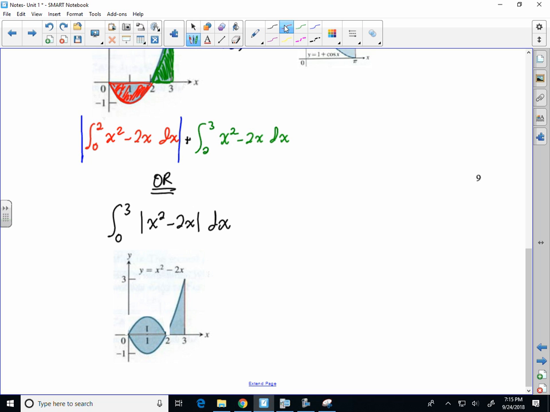So, this guy is now the relevant area. And so is this guy. That's what we get if we're looking at the absolute value of x squared minus 2x. And that's exactly what we're looking for.